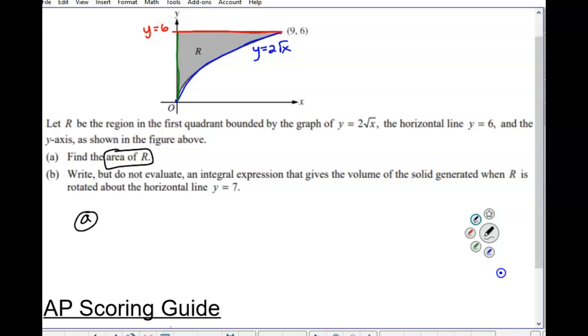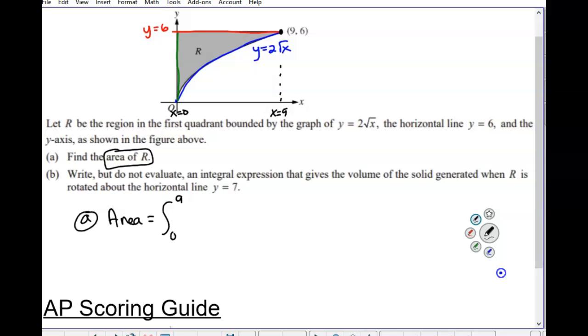So I'm going to do it with respect to x, so I'll go from x equals 0, that's the y-axis, to the x value here, which is x equals 9. So my area with respect to x goes from 0 to 9.